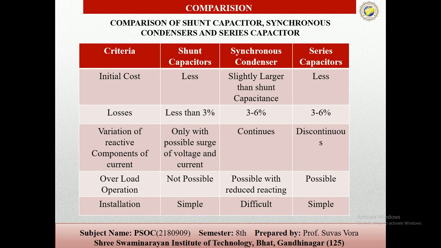Now the variation of the reactive component of the current: in the shunt capacitors, only when a possible surge of voltage and current is there, then continuous variation of the reactive component of the current. But the series capacitor has discontinuous variation of the reactive component of the current.